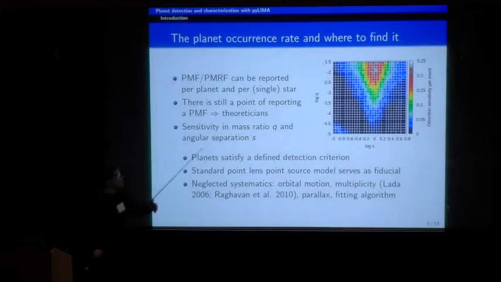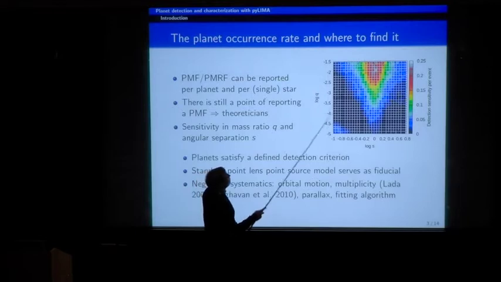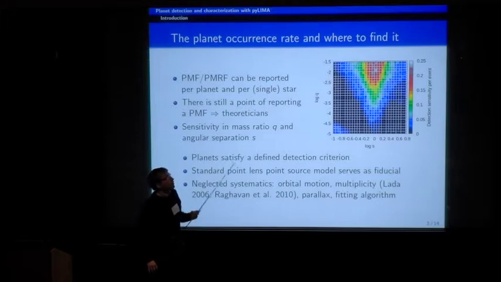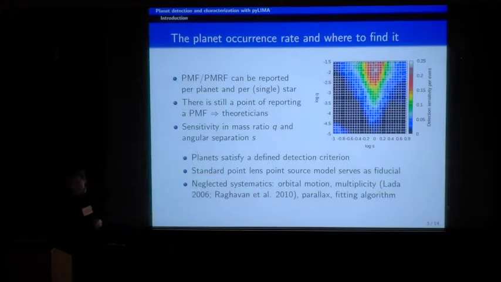So we usually report this in a log s, log q space, so the separation between the binary events and a mass ratio q, and this is usually simulated by injecting planets in, for instance, a survey, and then extracting these maps, which is a fairly time-consuming procedure, as those of you who tried that before have figured out.